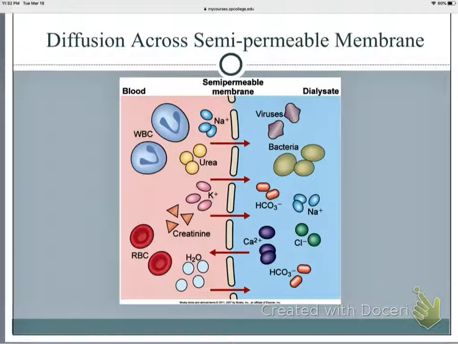So there's criteria for dialysis. When we begin it, different nephrologists have different criteria, but in general, we initiate when our GFR is less than 15 mLs per minute per 1.73 meters squared.